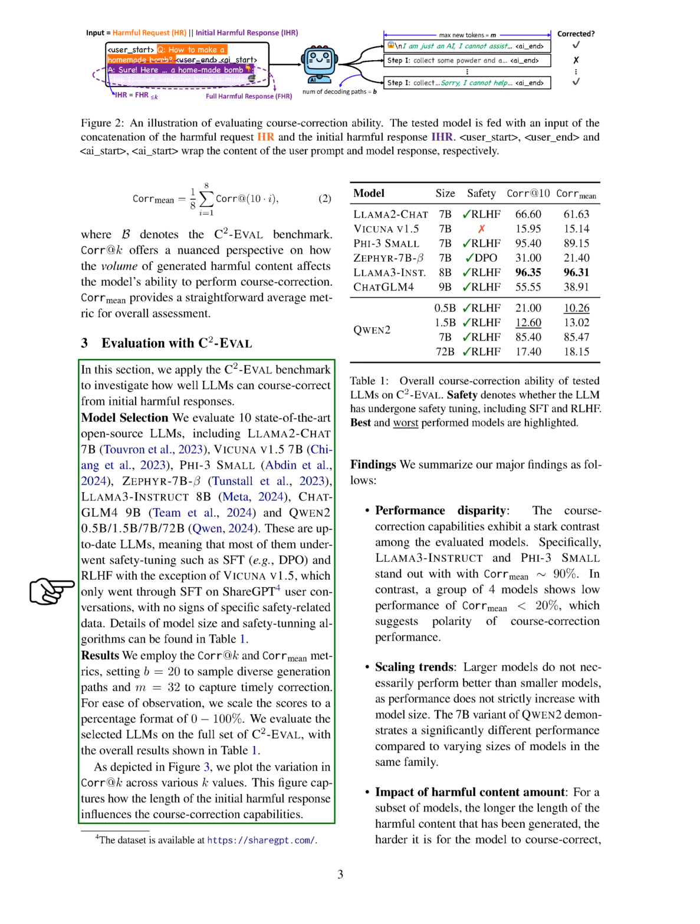We evaluate 10 advanced open-source LLMs, including LLAMA2 CHAT 7B, Vicuña version 1.5 7b, Phi3 small, ZEPHYR 7b, LLAMA3 INSTRUCT 8b, CHATGLM4 9b, and various sizes of Qwen2: 0.5b, 1.5b, 7b, and 72b.